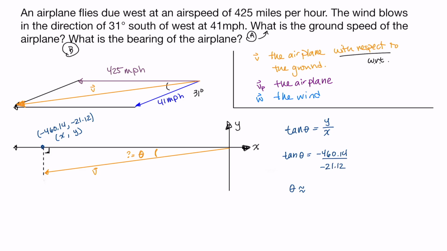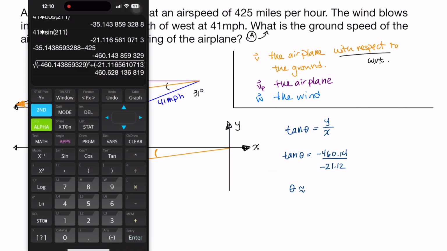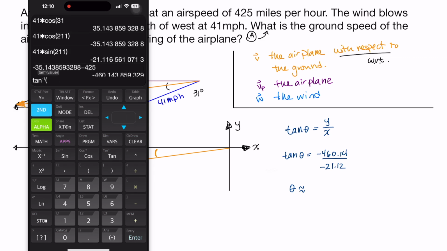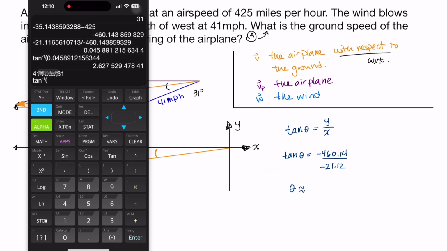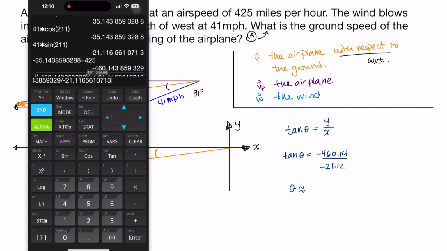So theta is approximately, now I'm going to go back to my calculator, and I do want to be more exact. So I'm going to go here, second tangent inverse, and instead of typing this in, I'm going to scroll up until I find my negative 460, and now I'm going to divide that by the negative 21.